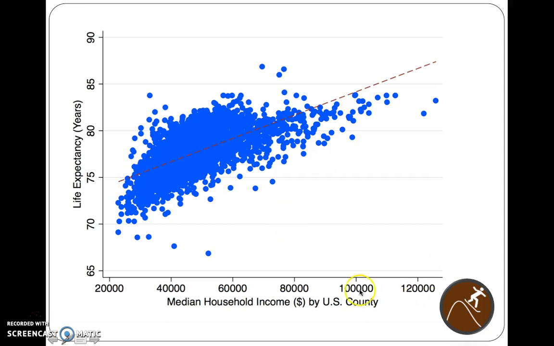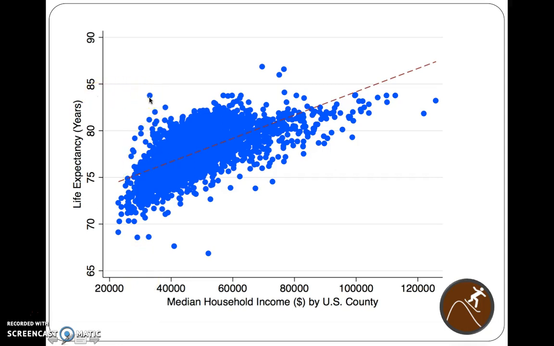And when you have wealthier counties, we see what appears to be a trend, as you would expect: more income is associated with longer life expectancies in years. Each one of these dots represents a county and represents the relationship between the median household income of that county and that county's life expectancy.